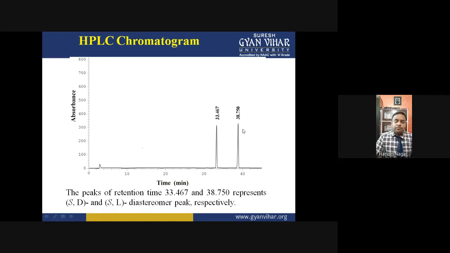Retention time means how long the diastereomers are retained in, or interacting with, the chromatographic column. After this time, at 33.467 minutes, the diastereomer eluted from the column and reached the detector. Okay, the detector senses these diastereomers and a peak is observed at this position.